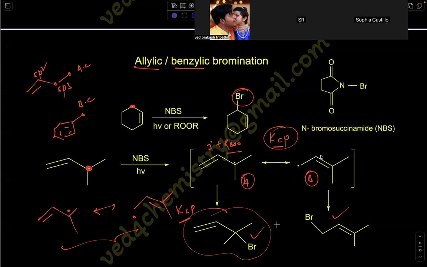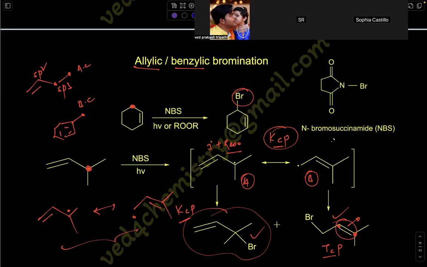But in this case, my intermediate is less stable, but the product is more stable because this double bond is a more substituted double bond. When it is a highly substituted double bond, that means a more stable product. So this is called TCP. TCP means thermodynamically controlled product, in which the product is more stable, and KCP means kinetically controlled product, where the intermediate is more stable. Make sense? It depends on the language of the question.